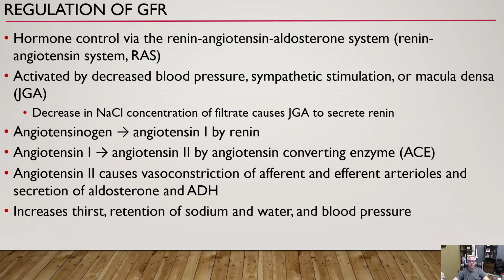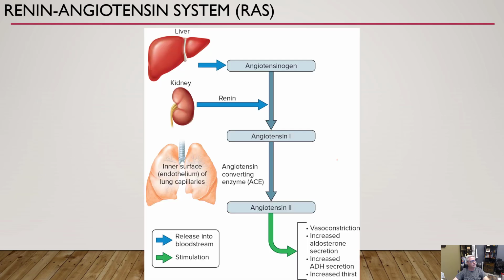And I forgot to say that angiotensin 2 is released by the lungs. Here we can see that angiotensinogen is released by the liver and renin is released by the kidney. So renin converts angiotensinogen into angiotensin 1.